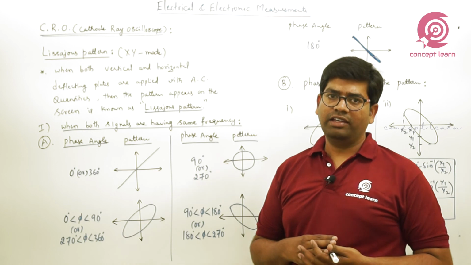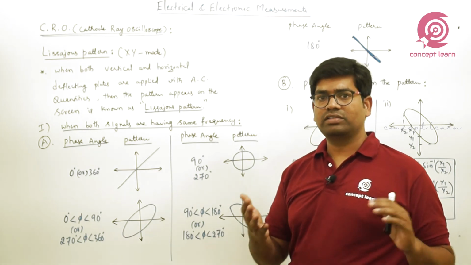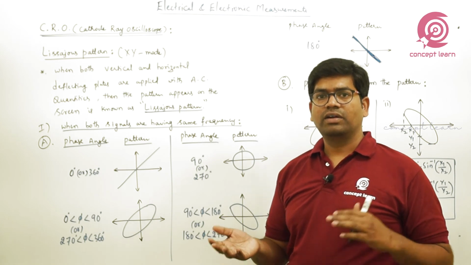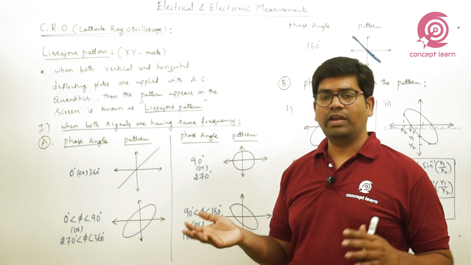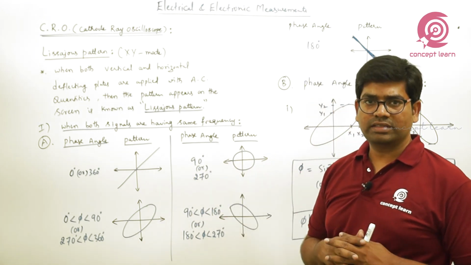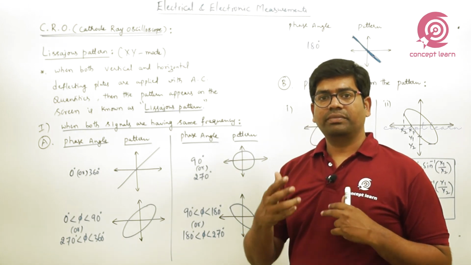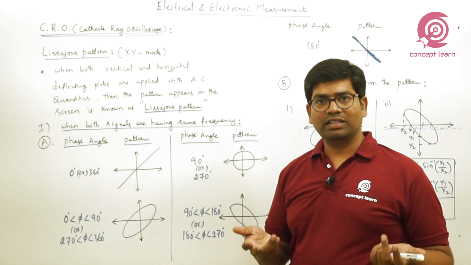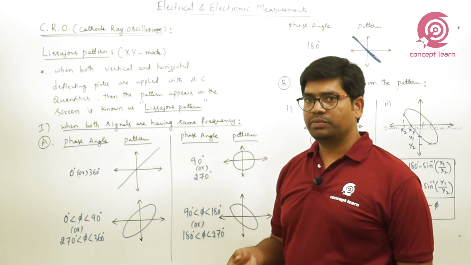We can have one sinusoidal and the other a square wave, rectangular or triangular, sawtooth waveform, different AC quantities that you can give to both X and Y, the vertical and horizontal deflecting plates. Then the kind of pattern that comes on the screen is the Lissajous pattern.